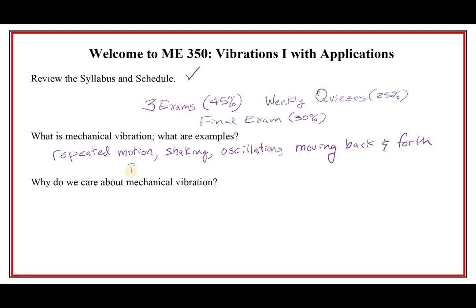Another word that might come to mind: periodic motion. So it repeats itself. It doesn't have to be, because we could have something like earthquakes, which is an example. Those aren't necessarily that back and forth kind of motion.